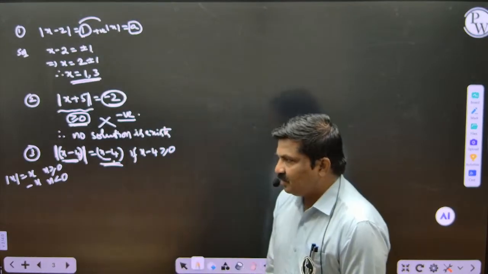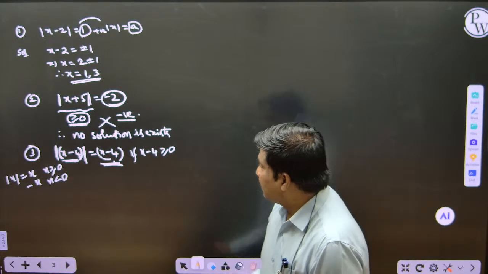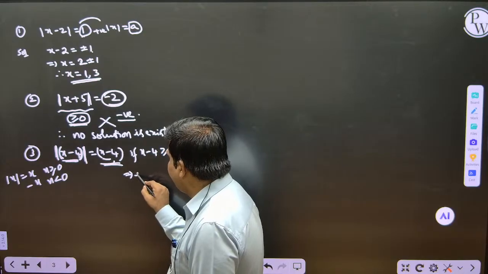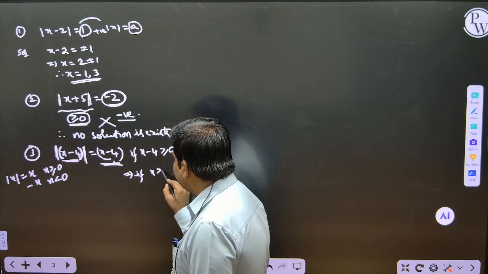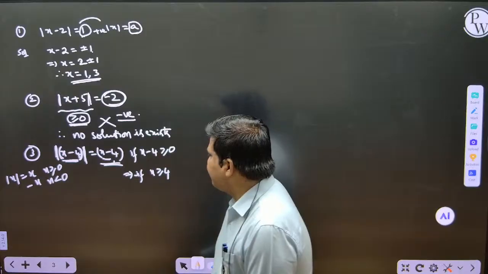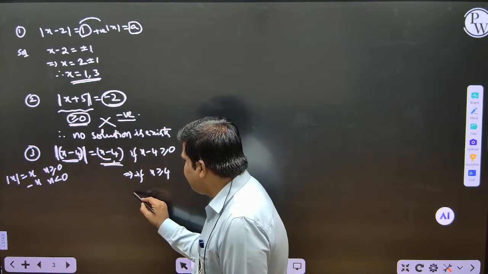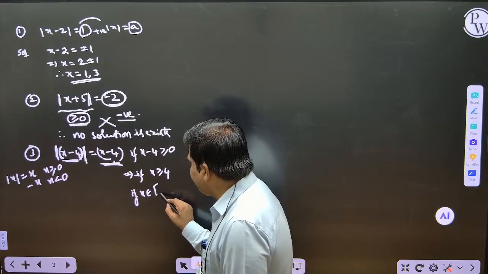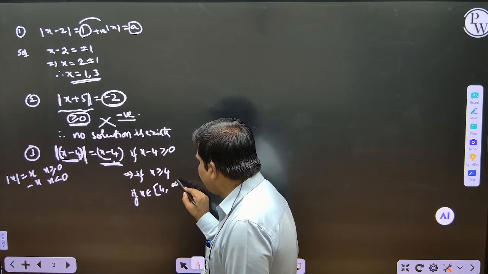So this holds if x is greater than or equal to 4. That means x belongs to 4 to infinity.